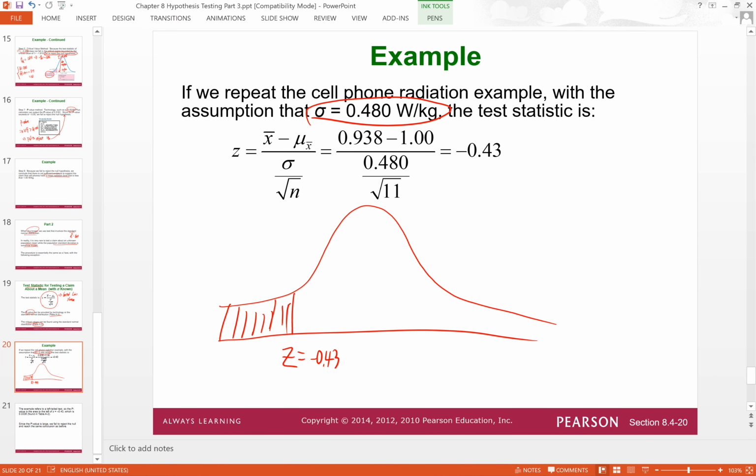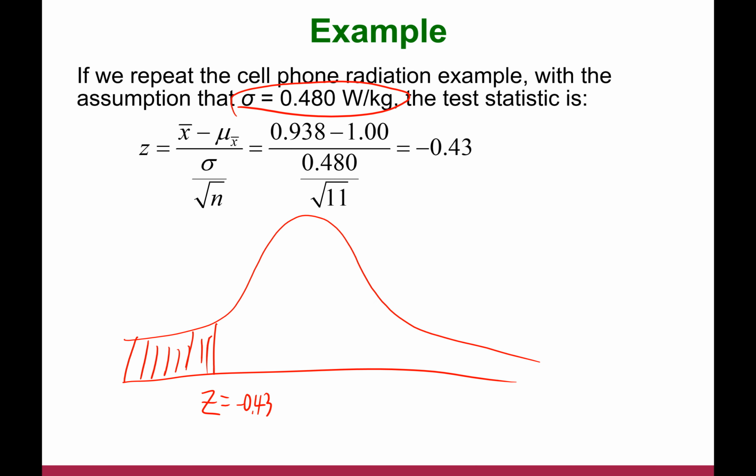Then that probability is definitely much bigger than alpha. This area on the left is 0.3336. So the p-value, this is happening with a much higher probability. The p-value is greater than alpha.